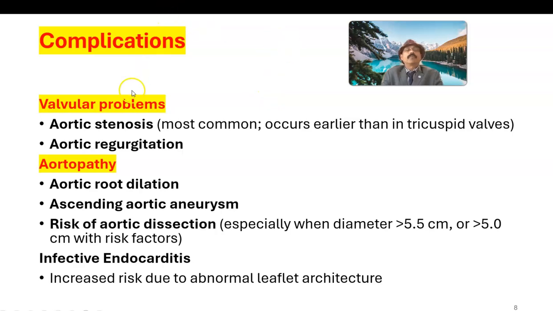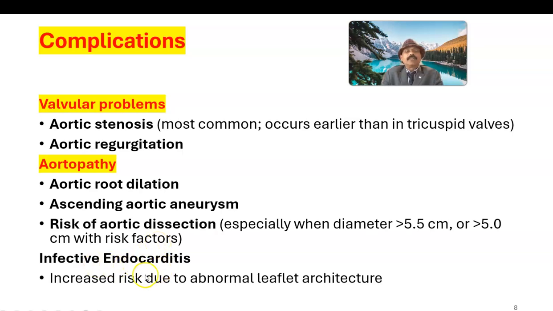Complications: valvular problems, with aortic stenosis most common, occurring earlier than in tricuspid valves, and aortic regurgitation. Aortopathy: aortic root dilation, ascending aortic aneurysm, risk of aortic dissection, especially when diameter is more than 5.5 centimeter, or greater than 5.0 centimeter with risk factors.